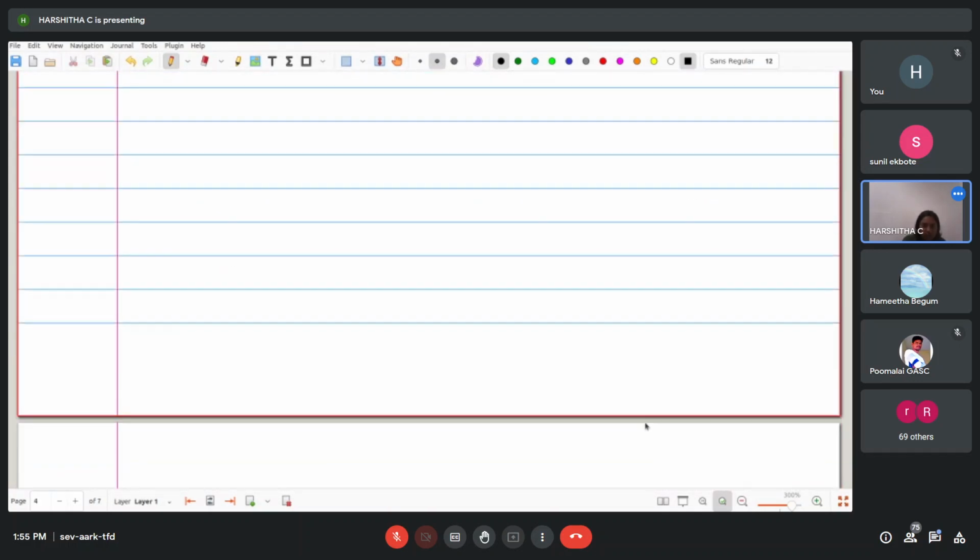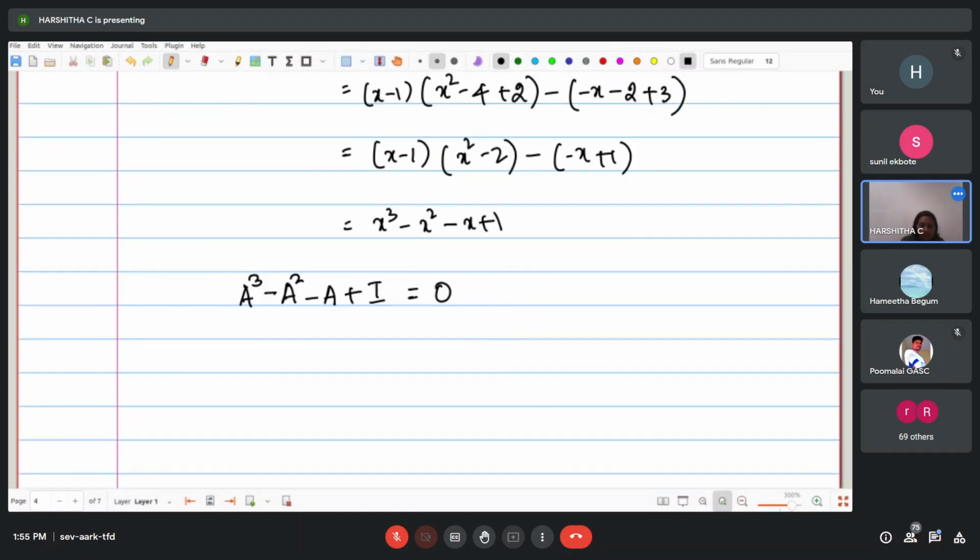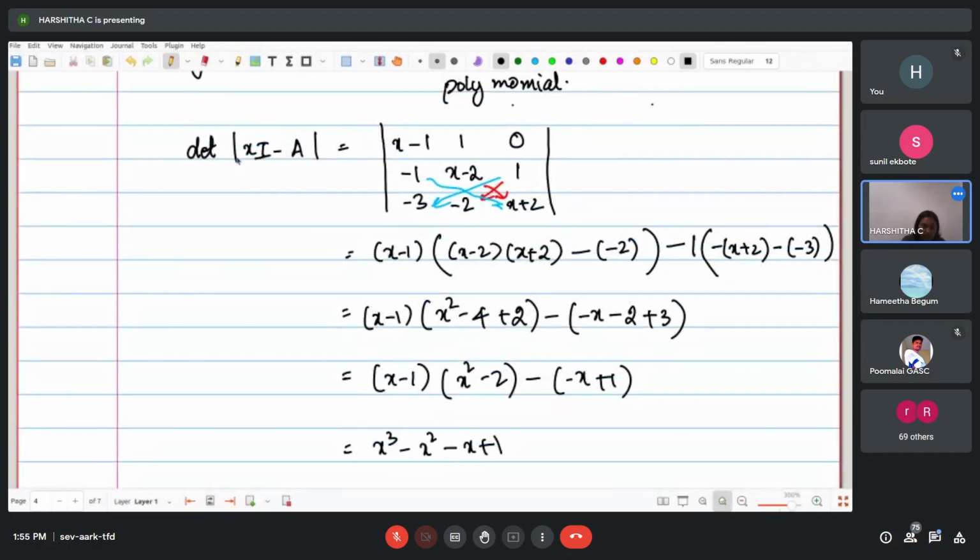Ma'am, this characteristic polynomial will always be xI minus A in the form? Yes, this is how you compute the characteristic polynomial. The characteristic polynomial is nothing but the determinant of xI minus A. It can be A minus xI, that is also fine.